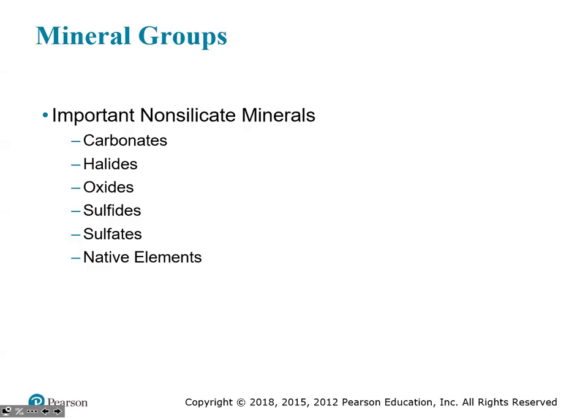Oxides have oxygen. Sulfides have sulfur. Sulfates have a sulfate ion, which is SO2, or is it SO3? I can never remember the names. And then there are native elements. Native elements are things like just gold or copper can just show up. You can have pure elements. So diamond would fall in that category as well.